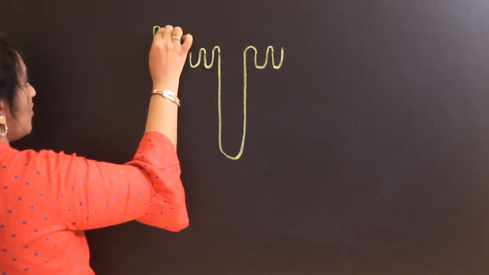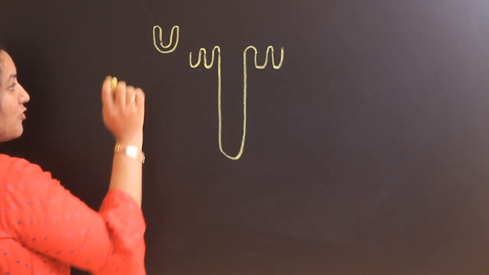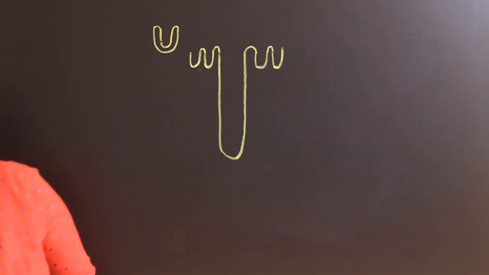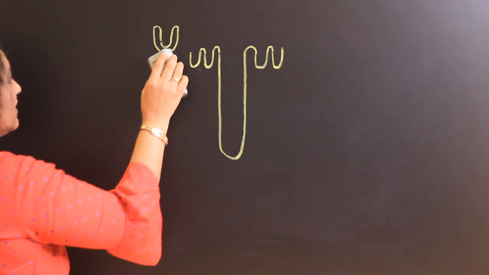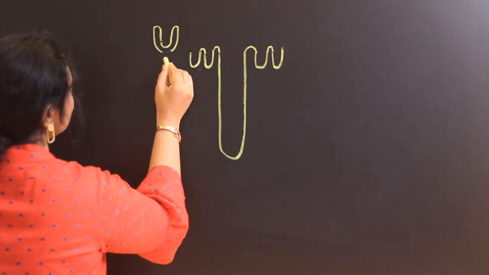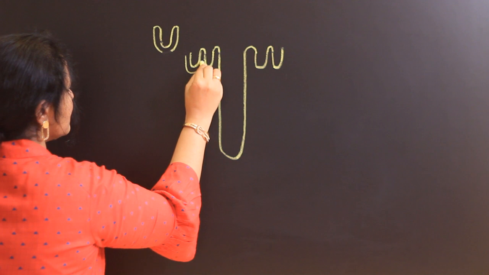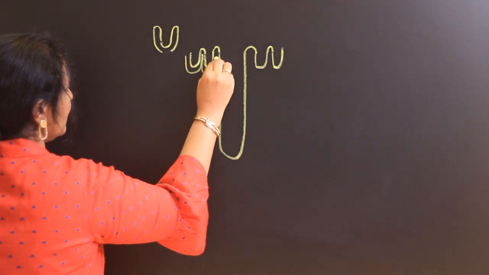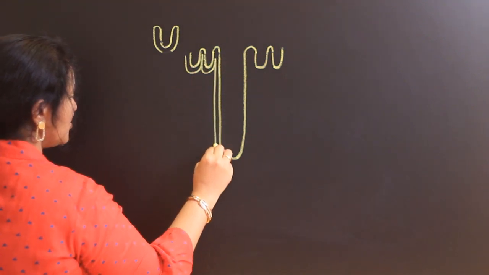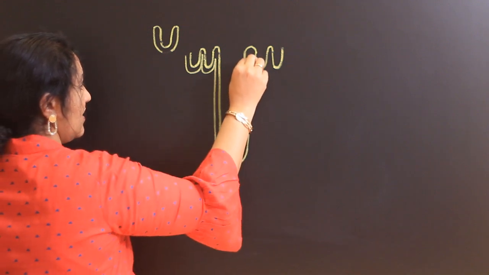Now let us draw a double walled structure for Bowman's capsule. Clear the bottom part of it. Make this also tubular by drawing lines.